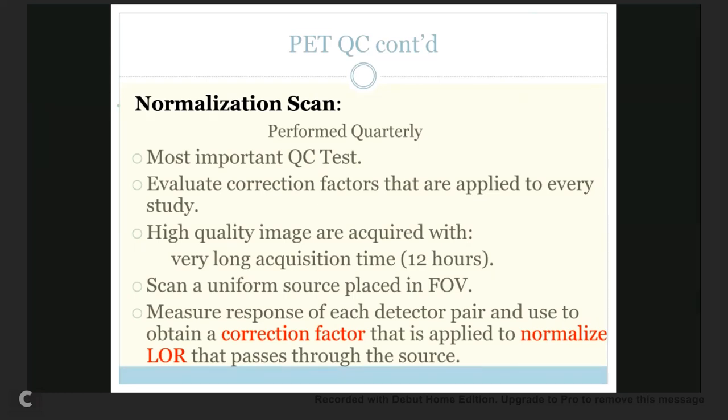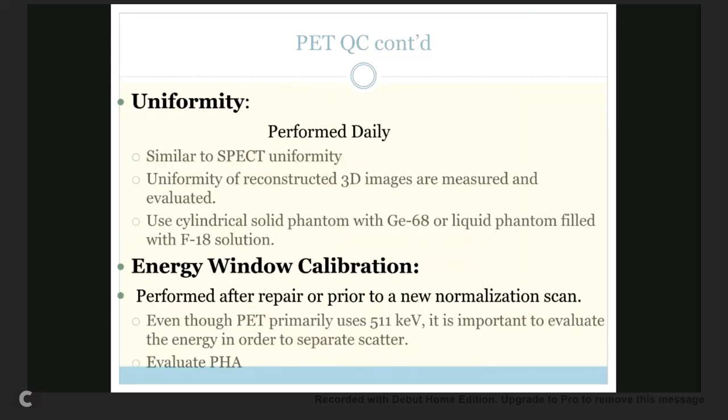So now you have uniformity, which is done daily. It's similar to a SPECT uniformity. The uniformity of reconstructed 3D images is measured and evaluated. You use cylinder solid phantoms with germanium-68 or a liquid phantom that's filled with FDG solution.